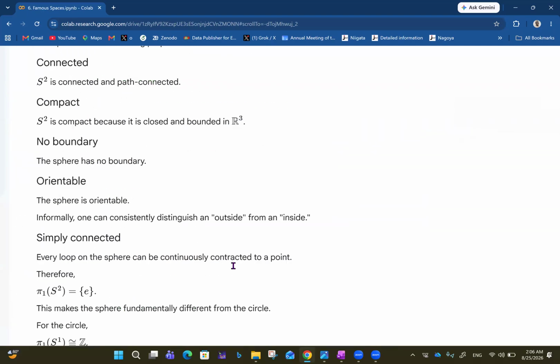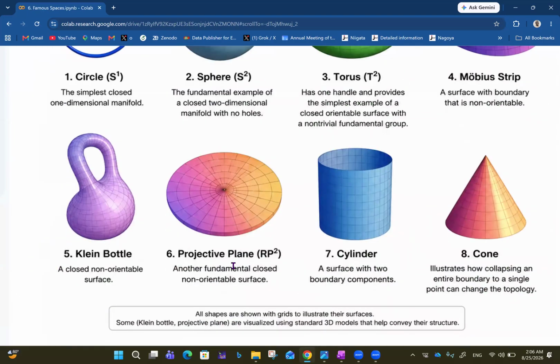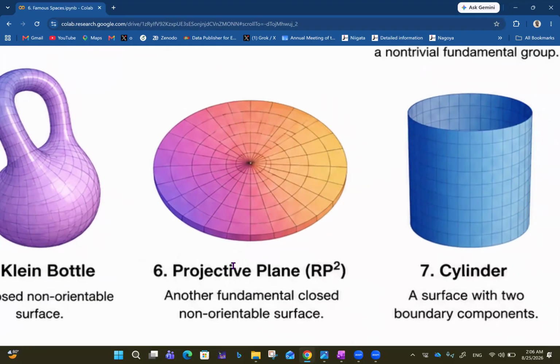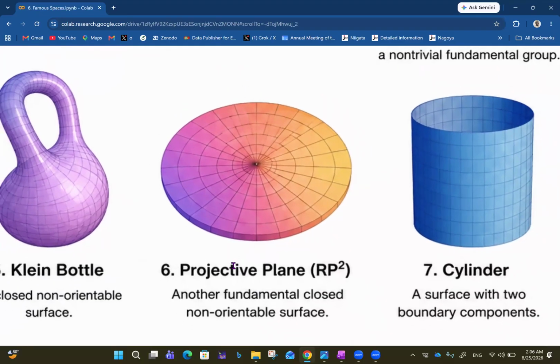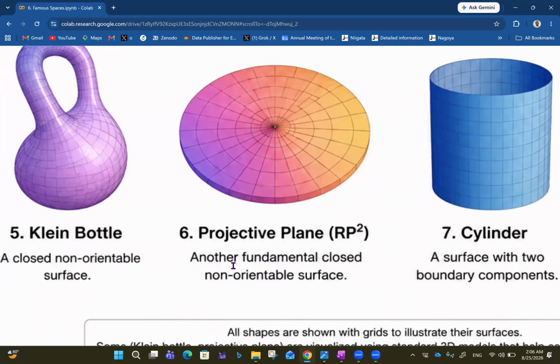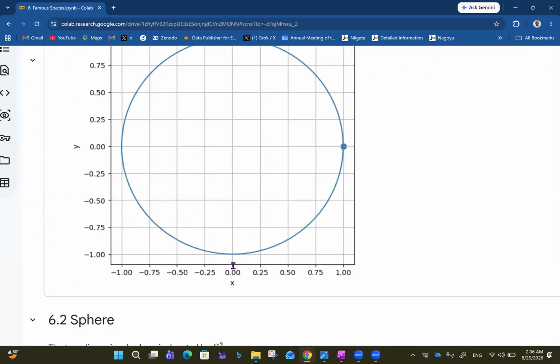Just as a reminder, this is what a projective plane looks like. It looks like a three-dimensional disk, but with a thin width like that. Of course, a cylinder, I may not have to come back to, because the cylinder and cone are well known to us.